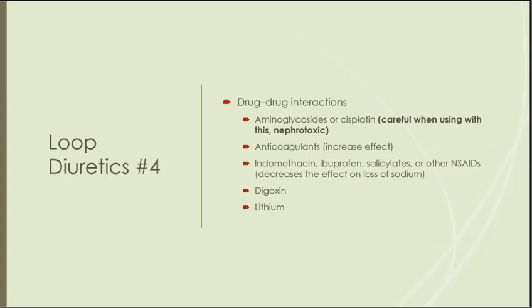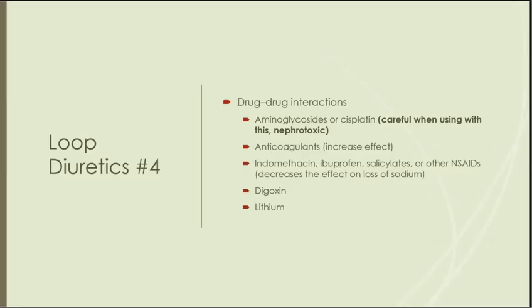Why do these interactions happen? When it comes to aminoglycosides or cisplatin, both can damage the kidneys and ears. Loop diuretics also have the potential together. It makes it a higher risk for nephrotoxicity and ototoxicity. Anticoagulants like warfarin: loop diuretics may enhance anticoagulant effects and increase bleeding risk.